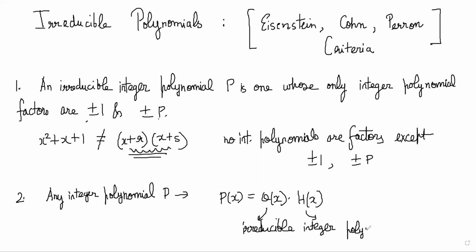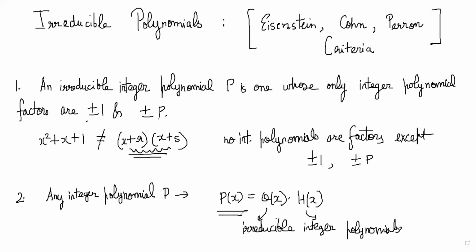Notice that there is a strong similarity here between polynomials and number theory. These irreducible polynomials are like prime numbers. Prime numbers have no other factors except 1 and themselves. Similarly, these irreducible polynomials have no other factors other than themselves and 1.